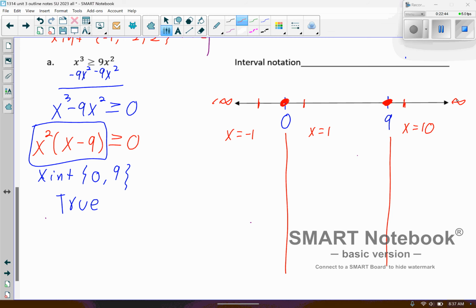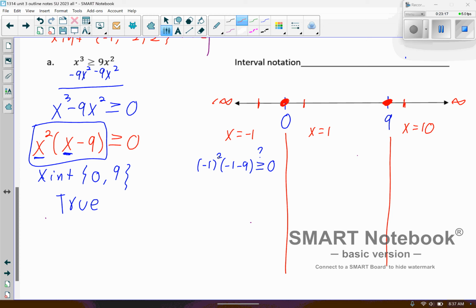So once again, we'll plug into the factored form. That's probably going to be the easiest thing. I'll show my math a little more here since there is an exponent, the x squared. So I would have negative 1 squared times negative 1 minus 9. Is that greater than or equal to 0?